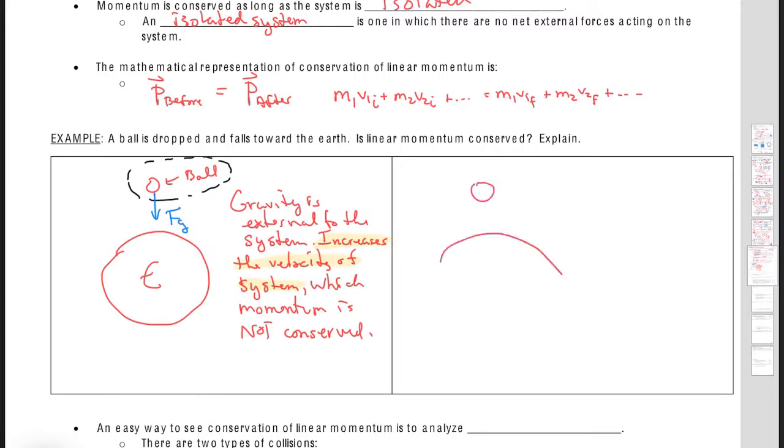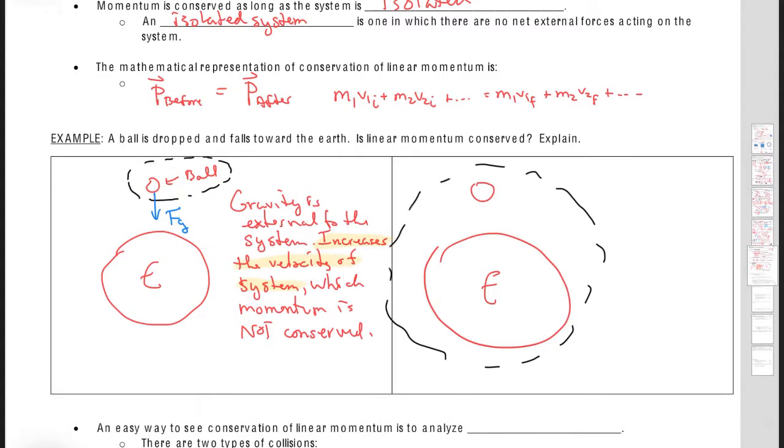The second scenario is if I say the ball and the Earth are my system. If I show you in the picture, the black circle represents my system.